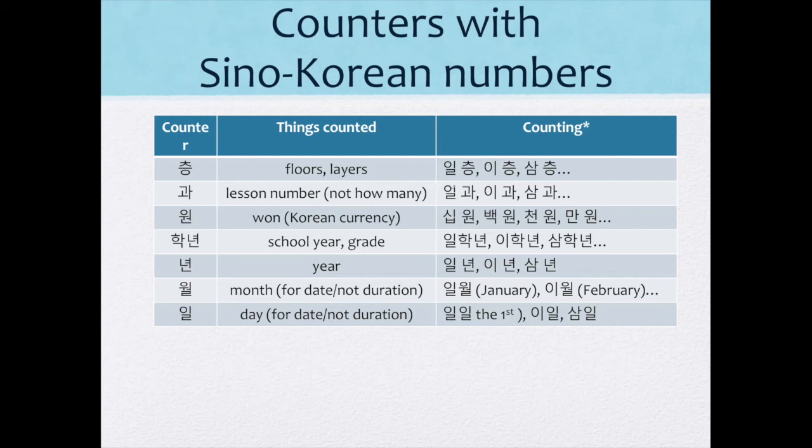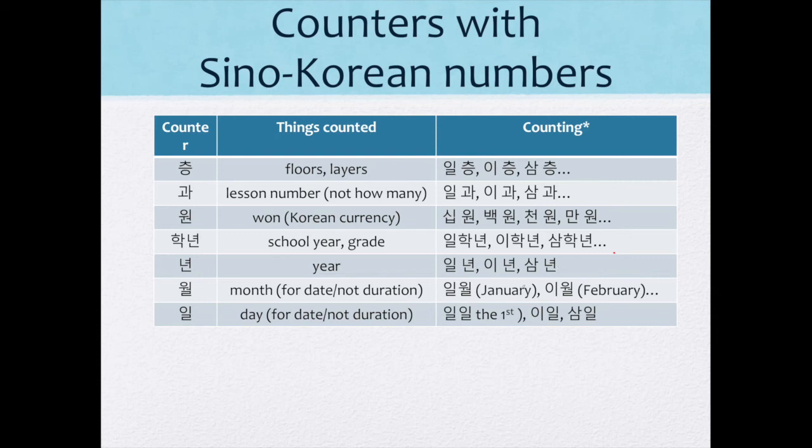No, you're talking about lesson 1, lesson 2, lesson 3. 1과, 2과, 3과. 원, Korean currency, 10원, 100원, 1000원, 만원. 학년, which grade? 1학년, 2학년, 3학년. You're somewhat familiar with that already. 년 means year. 1년, 2년, 3년.